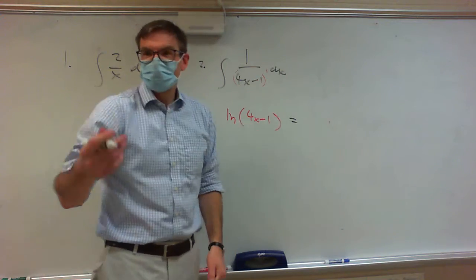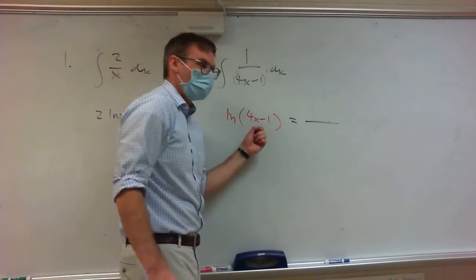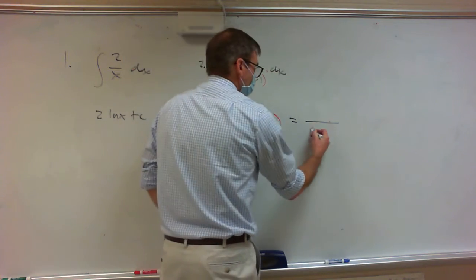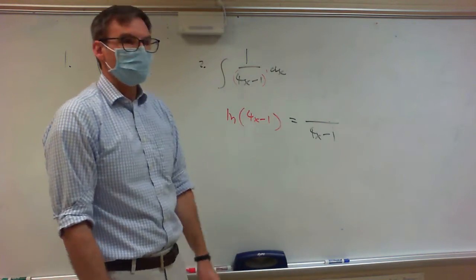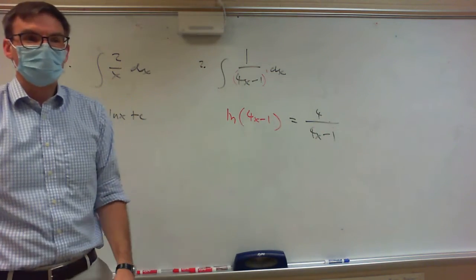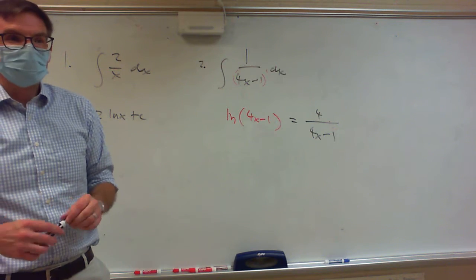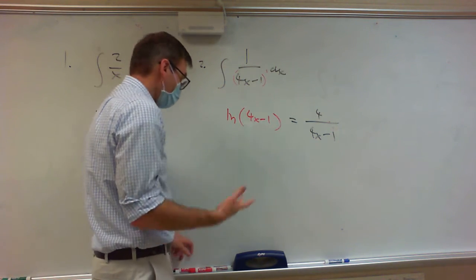Remember how we take the derivative of natural log? Copy your stuff on the bottom, and you take the derivative of it and stick it on top. So what goes on top? A 4. Is this what we want? No. What do we need to do to fix it? Divide by 4, or multiply by 1/4.